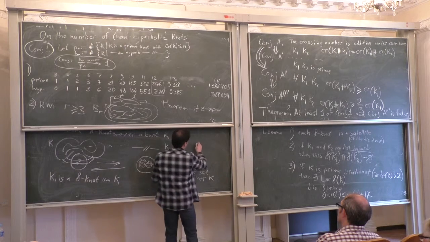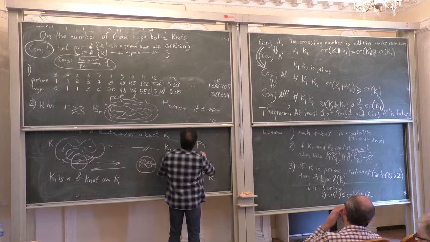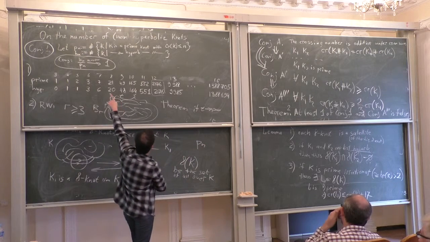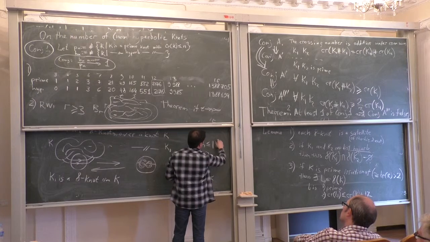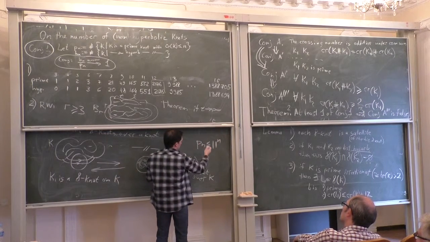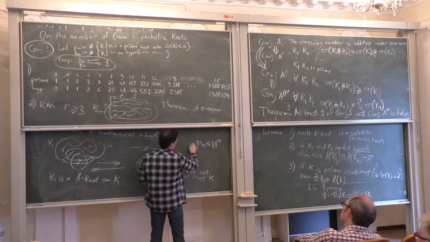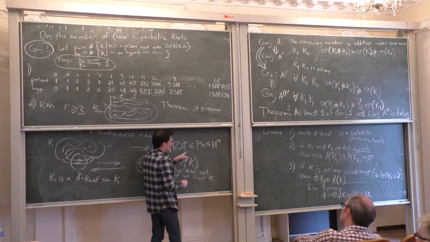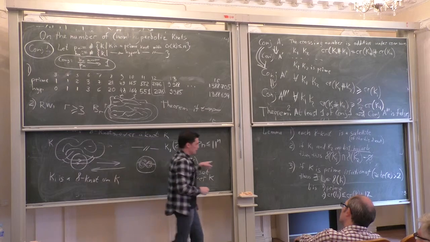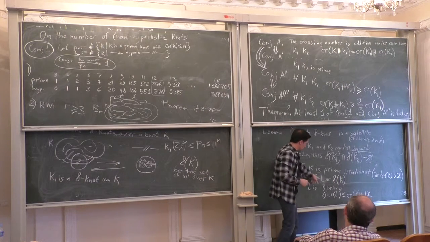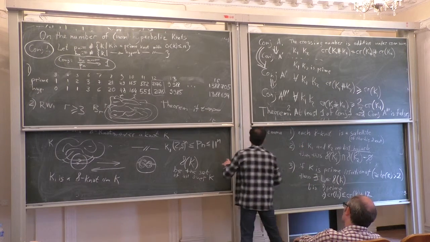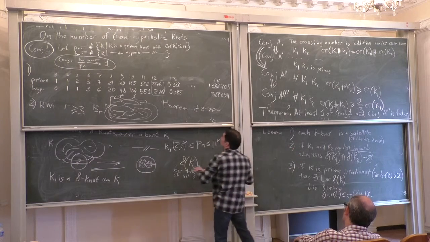And we know that this one is less than some. For n large enough, we have something like that.